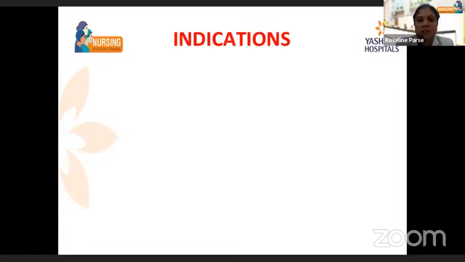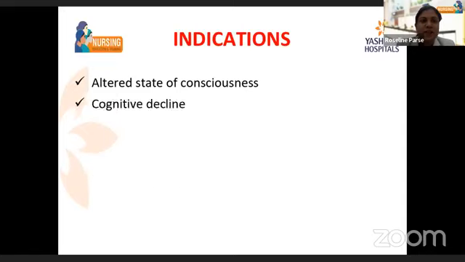So what are the indications? In which patients do we do a continuous neurological assessment? First, when there is an altered state of consciousness, including coma. Next is cognitive decline, when you see signs of confusion, disorientation, blurred or double vision. Okay, when the patient complains of blurred vision, we understand that there is something wrong with the brain and its functioning.